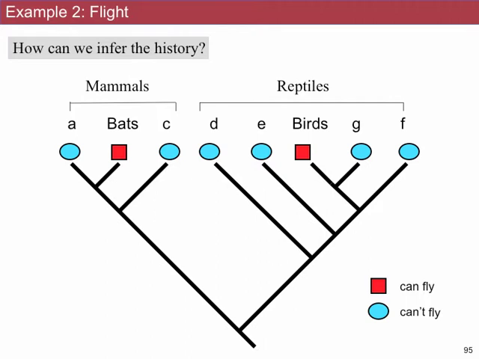And then, in theory, you could test every possible pattern of ancestral character states over time in the tree. You could test either can fly or cannot fly at every node. You could even test what the change was on different parts of a branch.